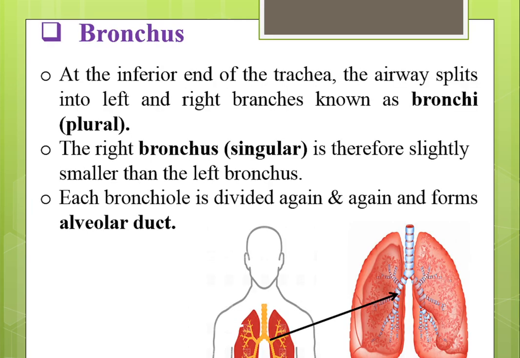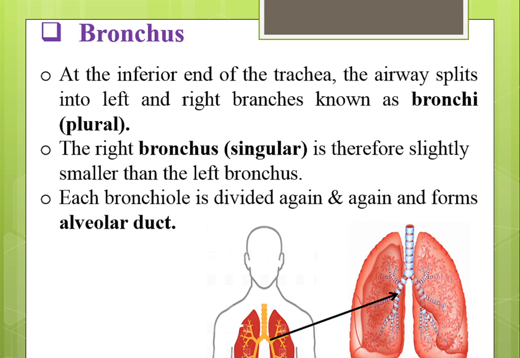The next part after the trachea is the bronchus. The trachea divides into two branches, one leading to each lung, known as bronchi.